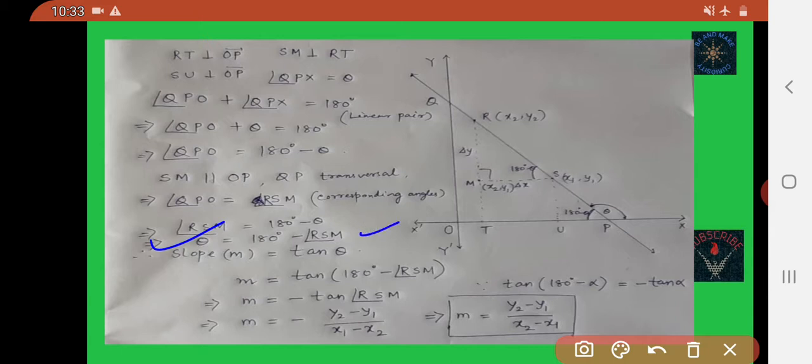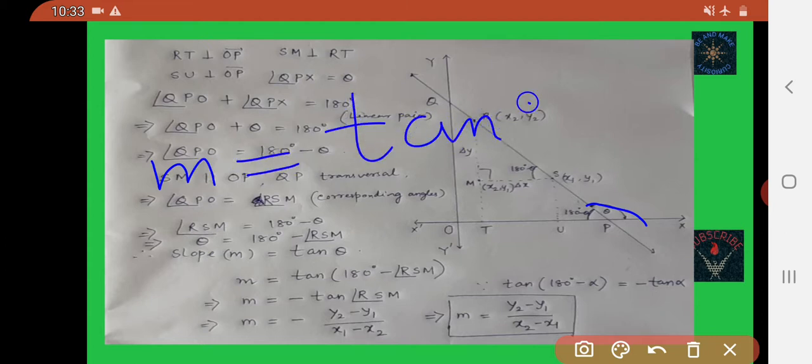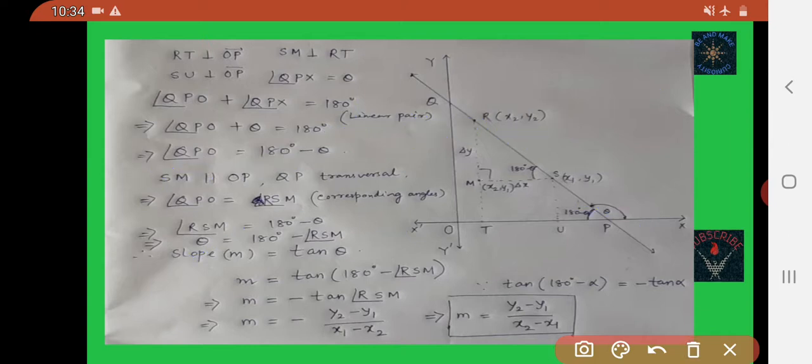Now you know that the slope of the line is tan theta. Here the angle is theta, so slope is tan theta, and the theta value we got is 180 degree minus angle RSM.